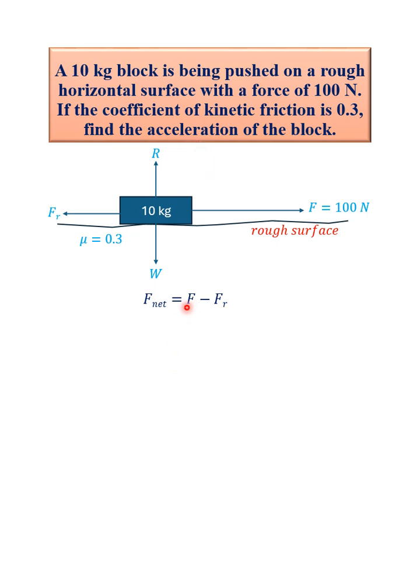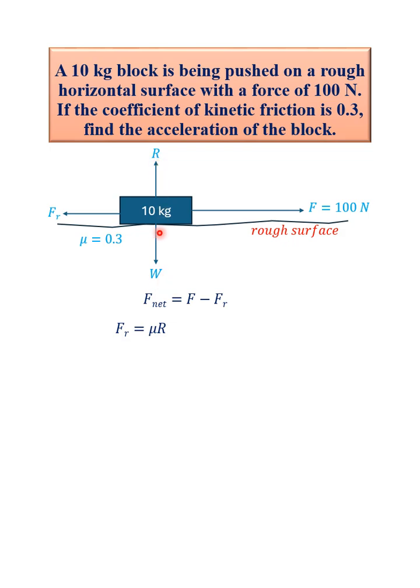Now we know F, but we don't know Fr. What is Fr? Frictional force is defined mathematically as the product of the coefficient of the friction times the reaction. Fr equals mu R. What is R? R is an equal and opposite force to W, which is the weight.